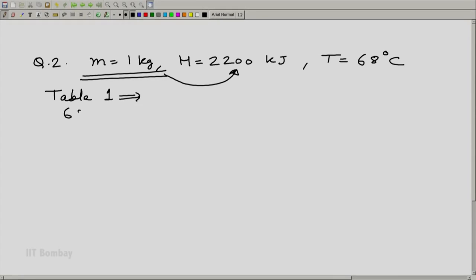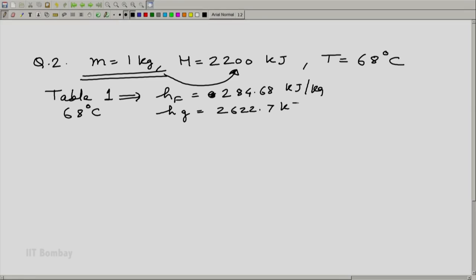As we saw from table 1, at 68 degrees centigrade, we get HF equal to 284.68 kilojoule per kg and Hg equal to 2622.7 kilojoule per kg. Depending on this, we get HFG equal to 2388.0 kilojoule per kg.